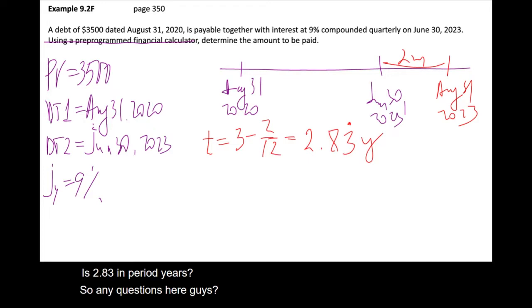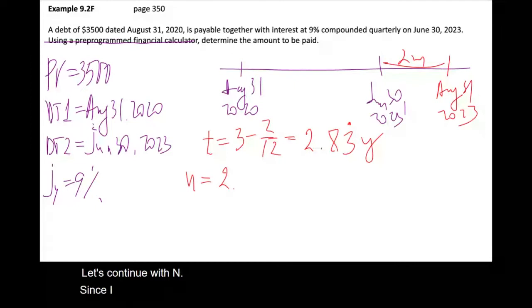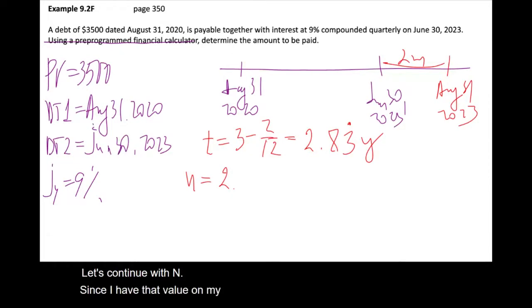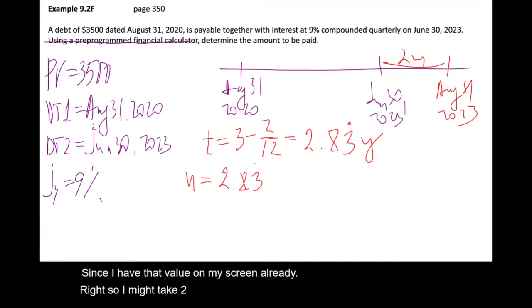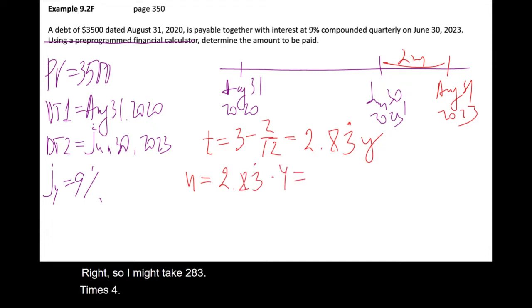Okay, so I'm good with time. Let's continue with n. Since I have that value on my screen already, I might take 2.83 times 4, and I have 11.3 in period.